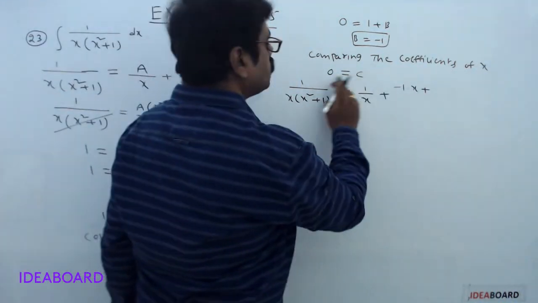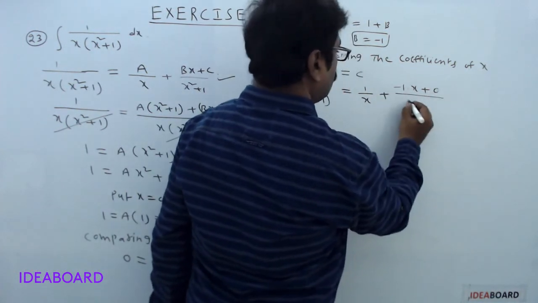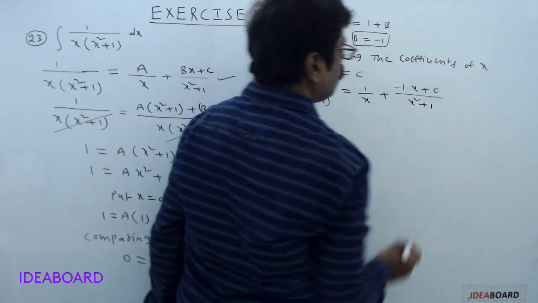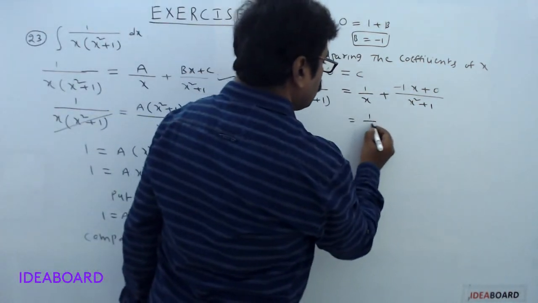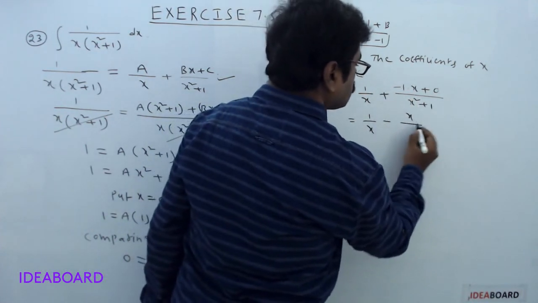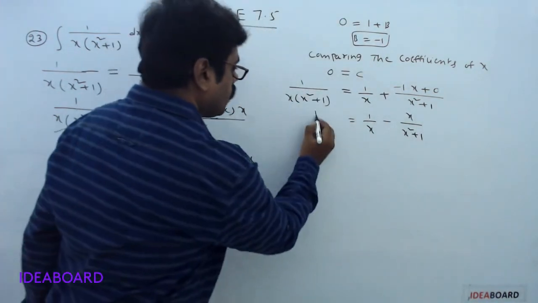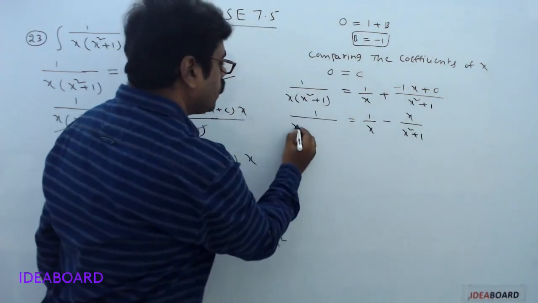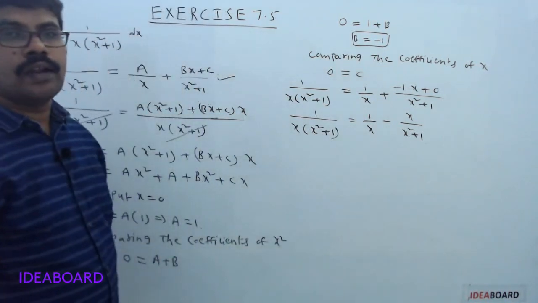What is the value of c? 0. Divided by x square plus 1. Now simplify that one. It is 1 divided by x minus x divided by x square plus 1. Now LHS value 1 divided by x into x square plus 1.